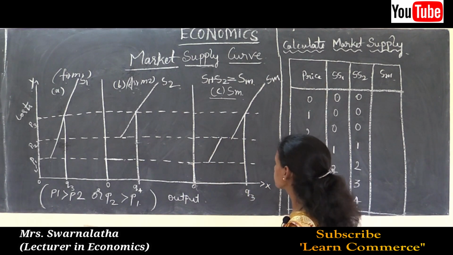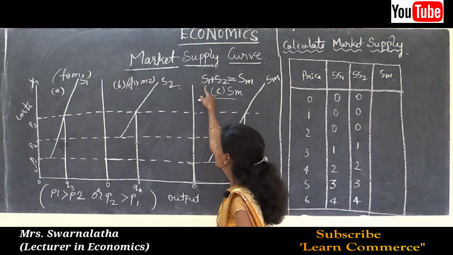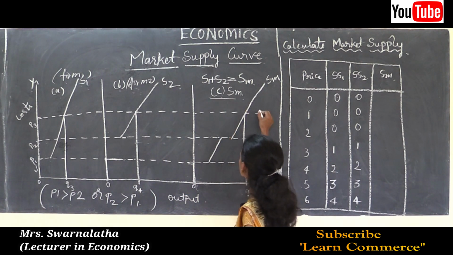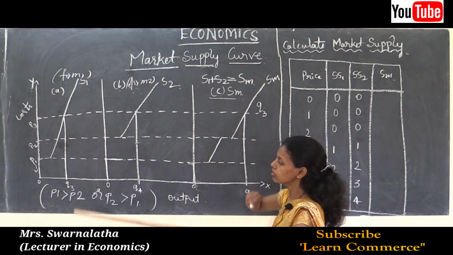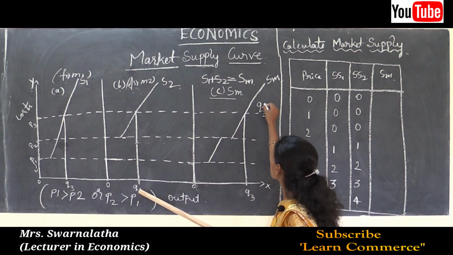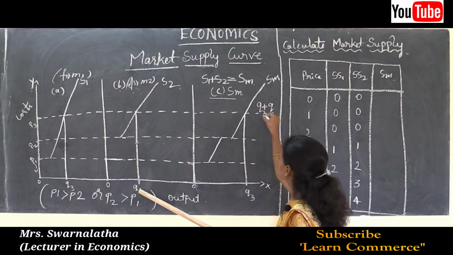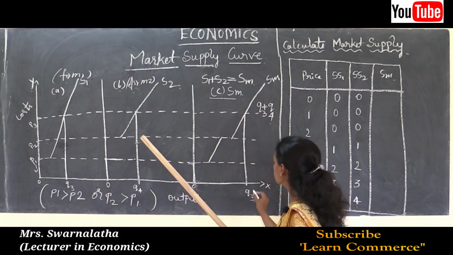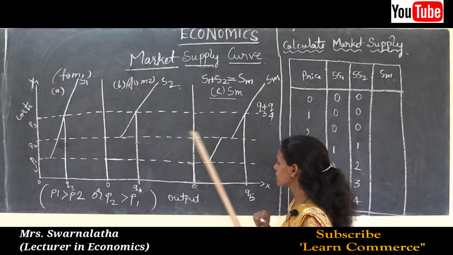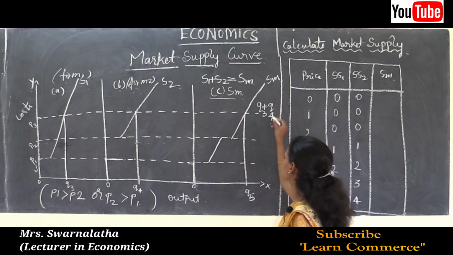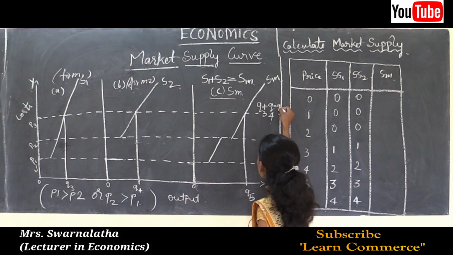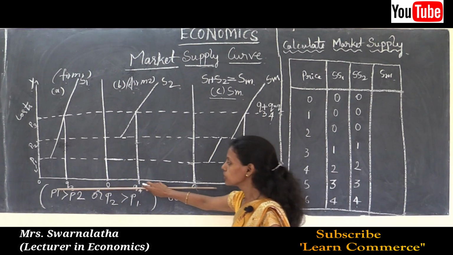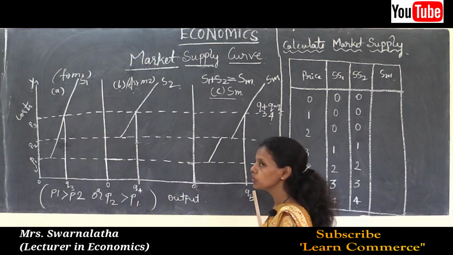Here we can see that Q3 is the supply of firm 1, and Q4 is the supply of firm 2. Then what is Q5? Q5 is the market supply, because Q3 plus Q4 is equal to Q5.